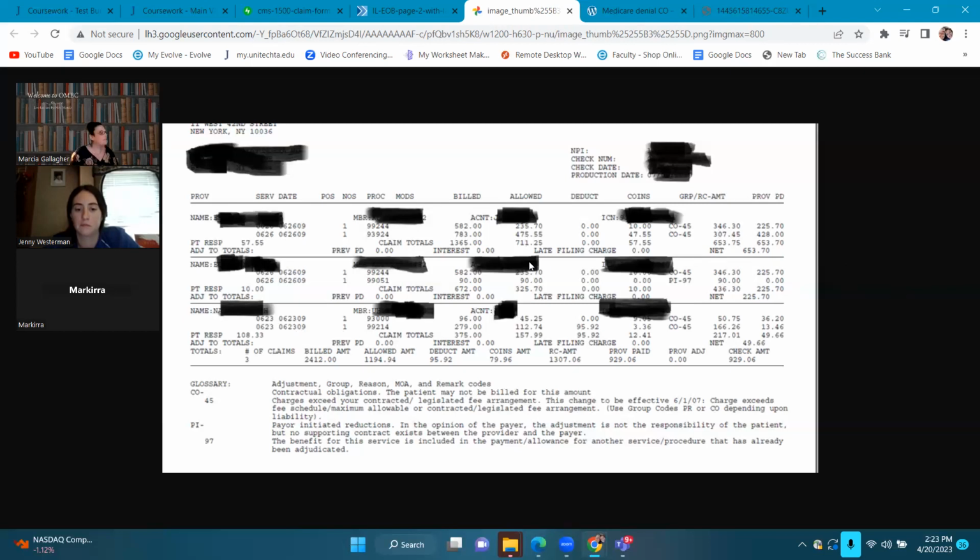And we don't have all the information. If we did, we could go back and look, maybe they've met their deductible, maybe whatever the reason is, he's not getting paid. And when Medicare says they're not going to pay something, they're not going to pay it. And then the same thing with patient C, CO 45.